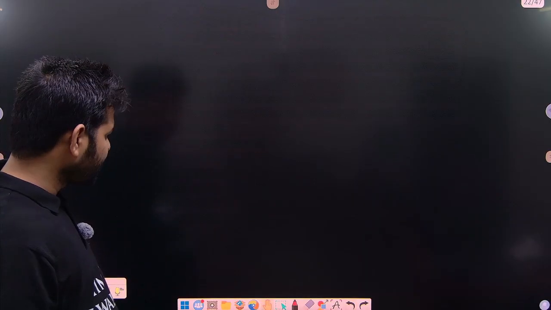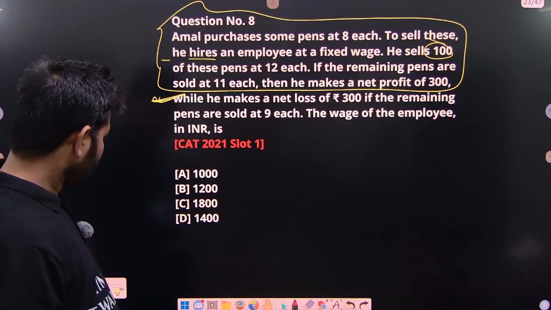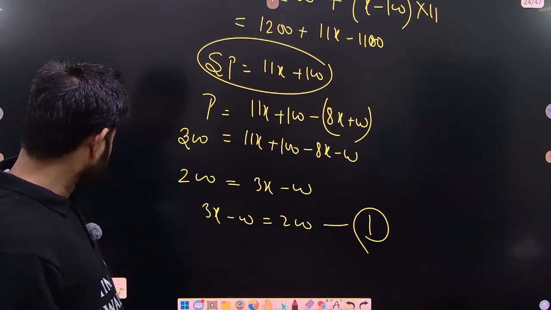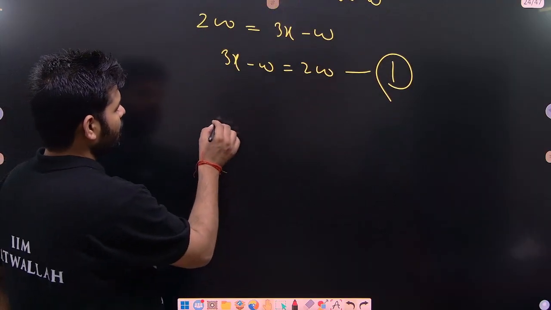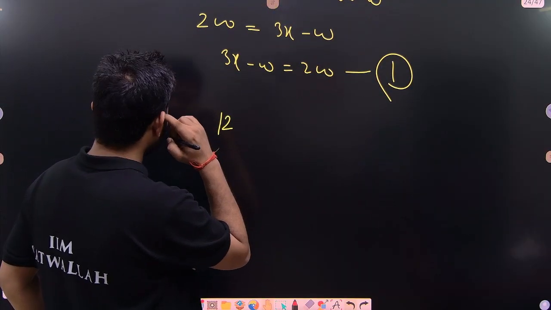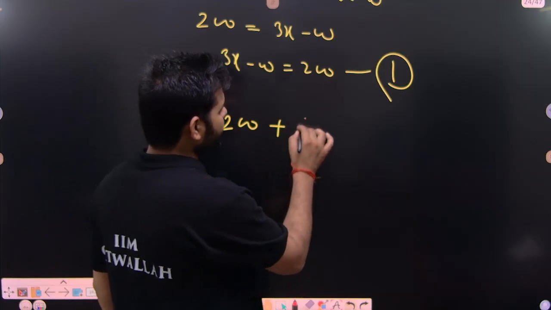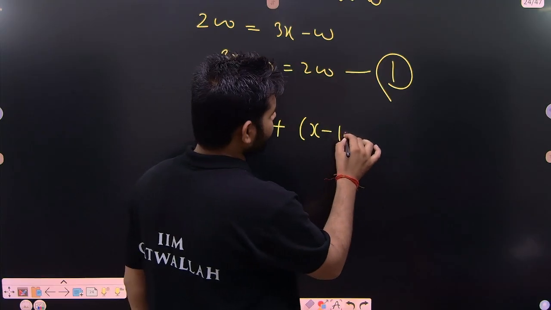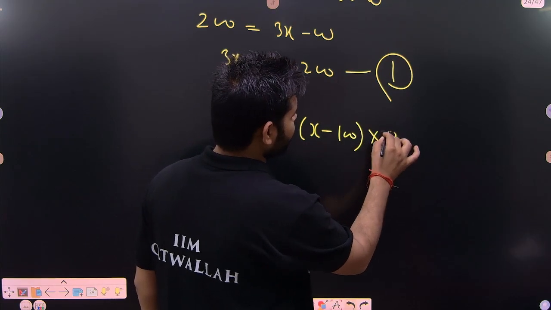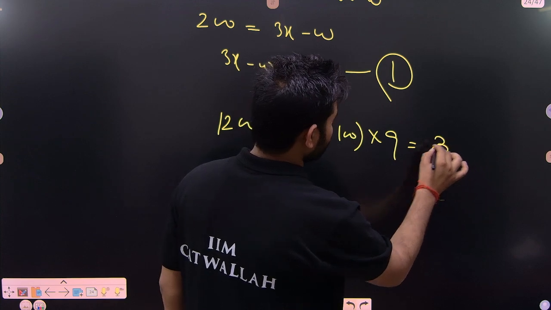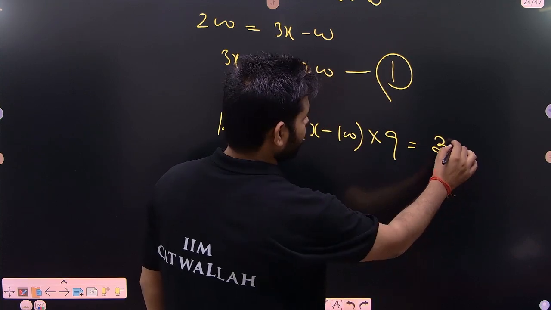So for the second equation, 100 pens have been sold at 12 each, and the remaining x minus 100 pens have been sold at 9 each. In this scenario he gets a loss of 300.